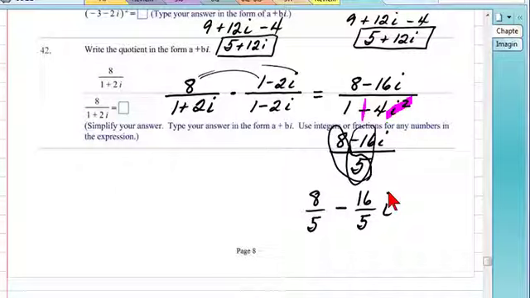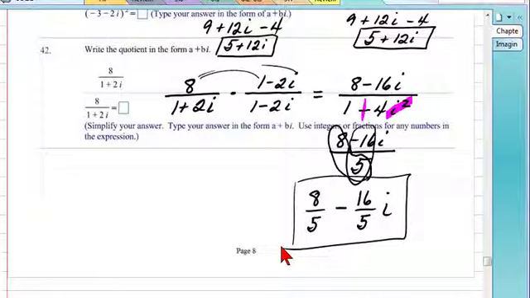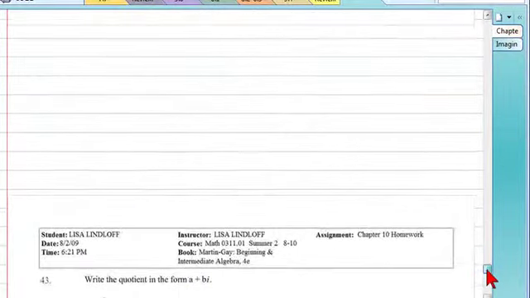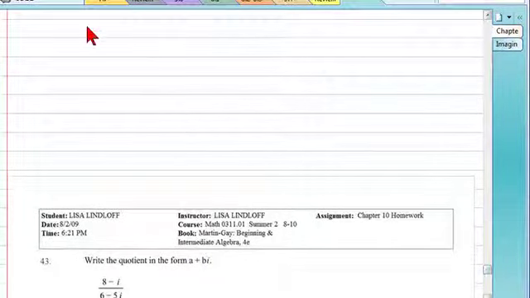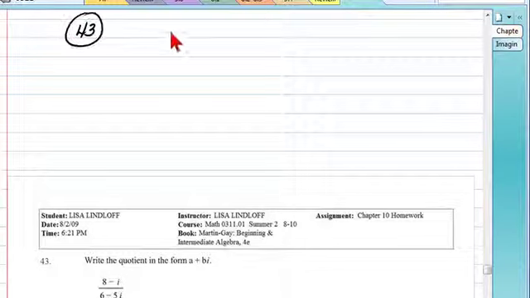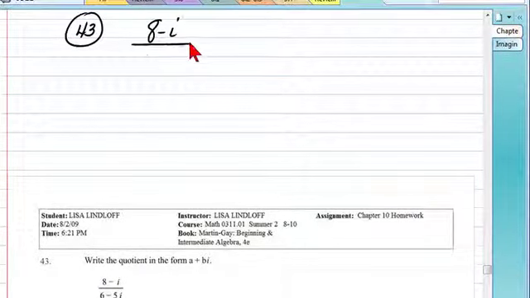And there will be an i in the tool palette, although I believe that if you just hit i on your keyboard, that'll work also. So this is the form it wants, a plus or minus b times i. Okay, let's do one more of those. This is 43. I have 8 minus i over 6 minus 5i.